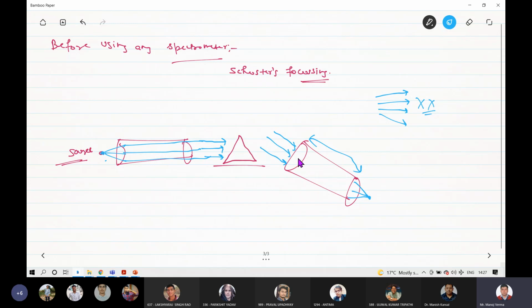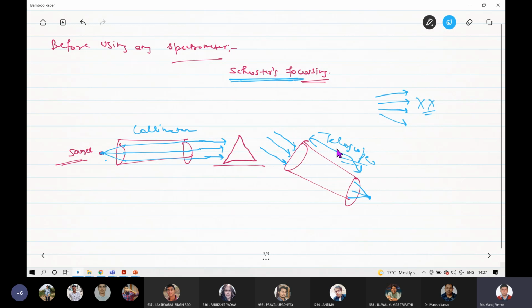All these settings are described by Schuster, and Schuster says to check whether our collimator or even telescope is perfectly aligned in these conditions. That setting, that focusing, is called Schuster focusing. And how can we truly establish that this telescope is aligned in this way, that whenever a parallel beam enters into this telescope, a sharp image will be formed at the eyepiece?